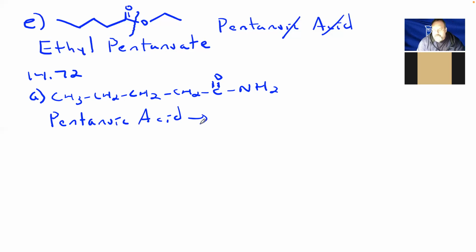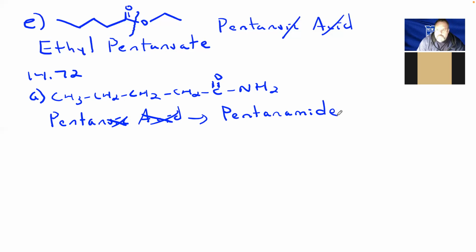But as we see here, it's not a carboxylic acid, it's an amide. So what's the transformation? Take out the OIC, take out the acid, and replace it with amide. And therefore, this compound would be known as pentanamide.